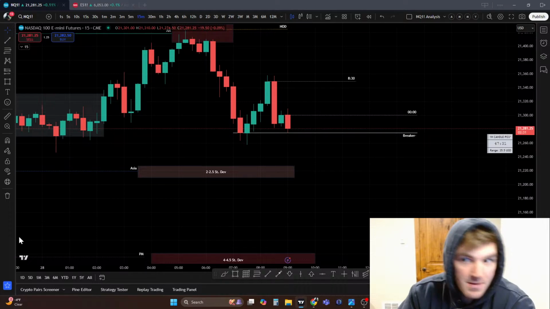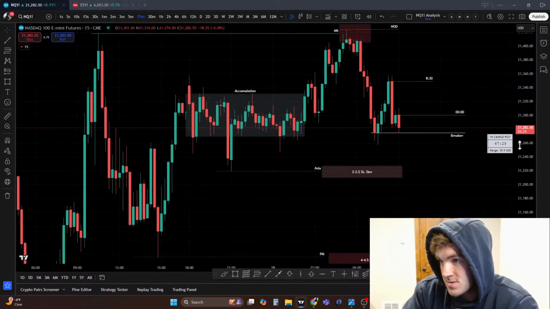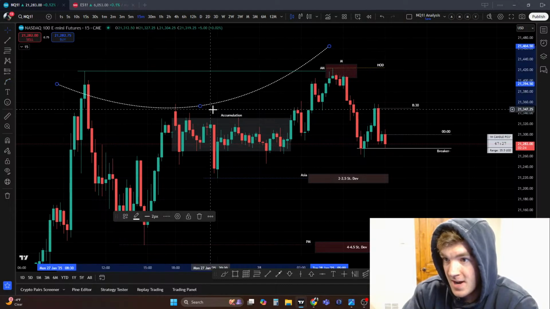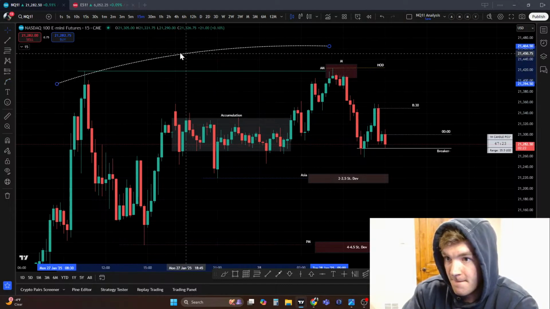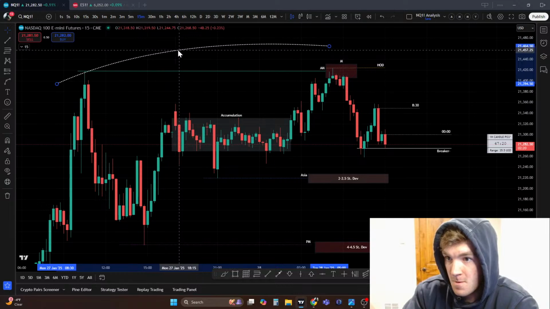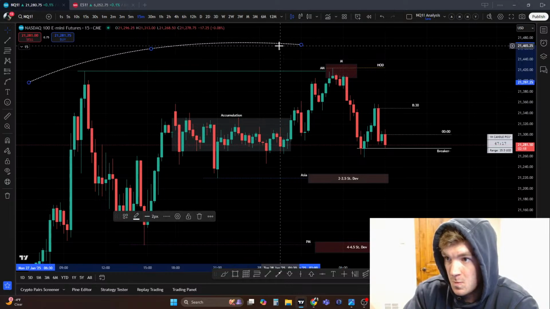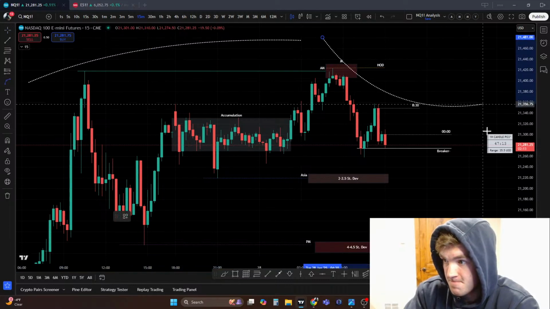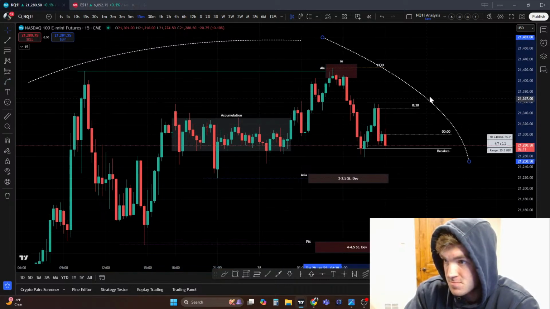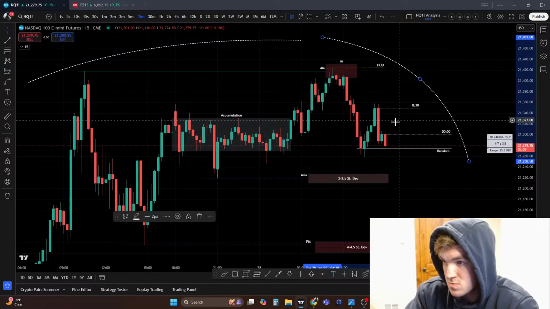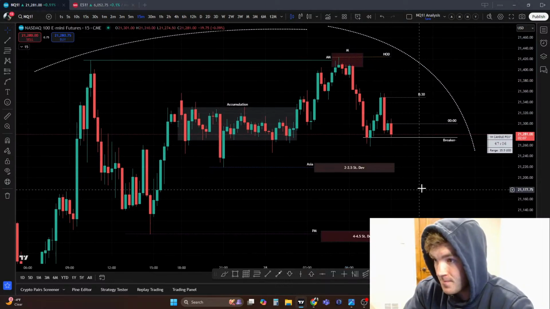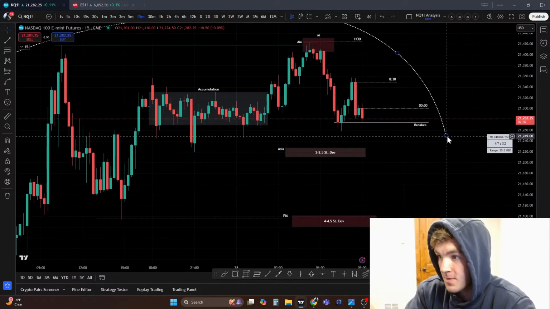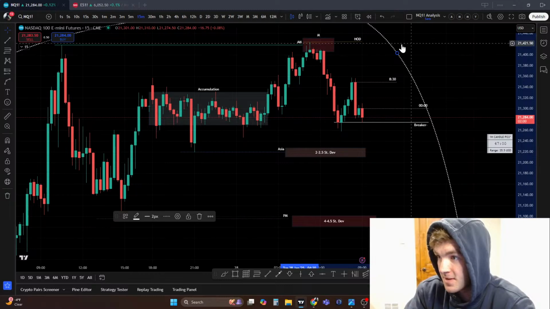Where we have a sweep of AM's highs, and then possibly a run down to PM's lows. All the standard deviations line up.